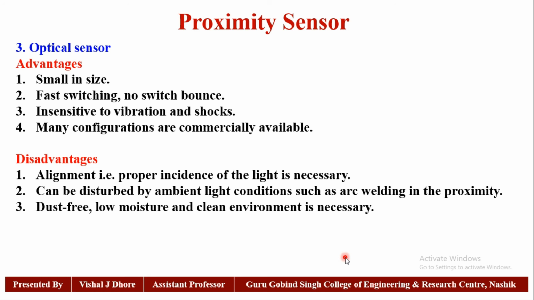Now let us discuss the disadvantages. Alignment, that is proper incidence of light, is necessary, and they can be disturbed by ambient light conditions such as arc welding in the proximity. And last, a dust free, low moisture and clean environment is necessary. Now let us talk about the applications.